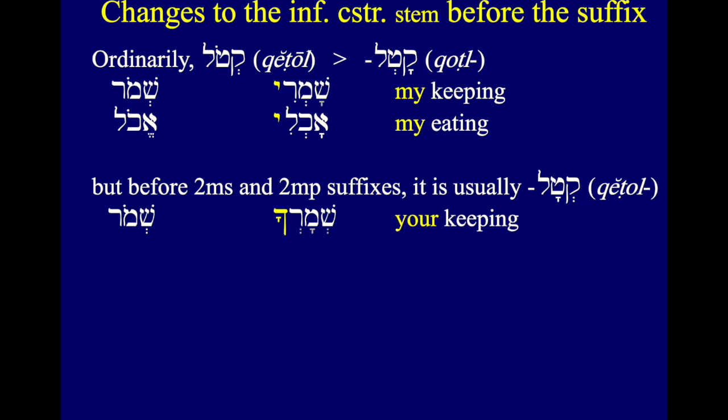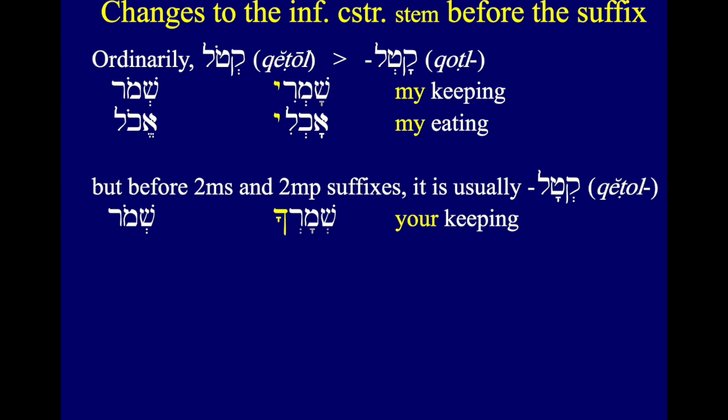So this is my job, and you still have to guess sometimes. Just so you know, if you've got this form of the verb with some schwas that show up in some strange places, and you got a suffix added to it, Qal infinitive construct is likely what you are looking at.